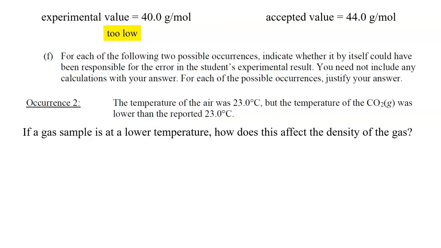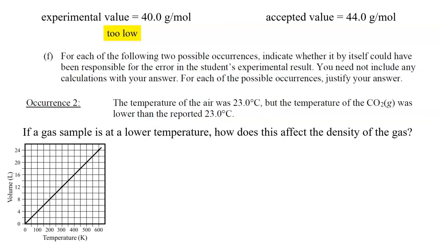You may already know from a popular phrase, which is that warm air rises and cold air sinks, that whenever you increase the temperature of a gas, the density goes down, and when you decrease the temperature of the gas, the density goes up. But let's go ahead and consider mathematically why that occurs. Why does warm air rise and cold air sink? Well, here on this graph, we can see a direct relationship between temperature and volume.